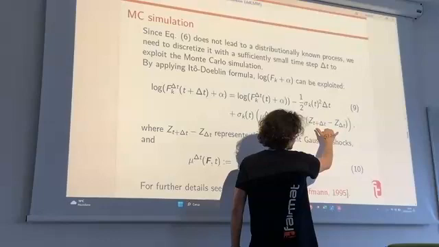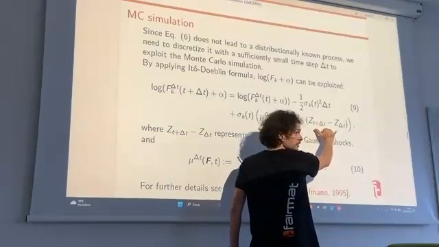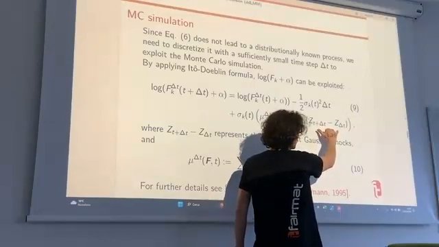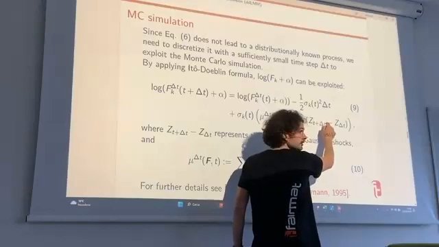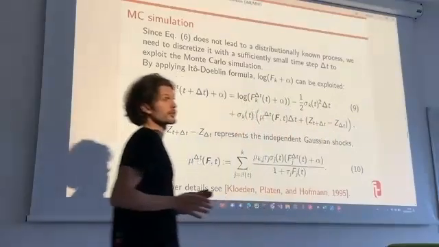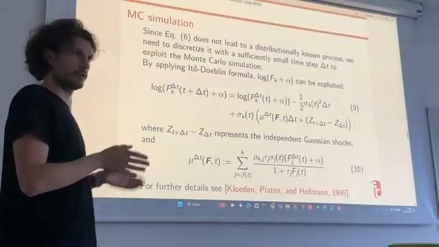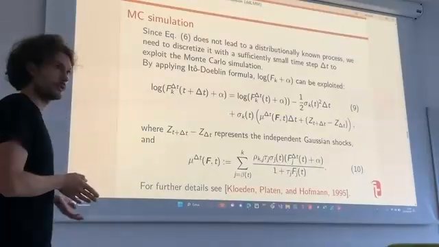This part is distributed as a Gaussian with mean 0 and variance delta t. So you just take a sample from this distribution.